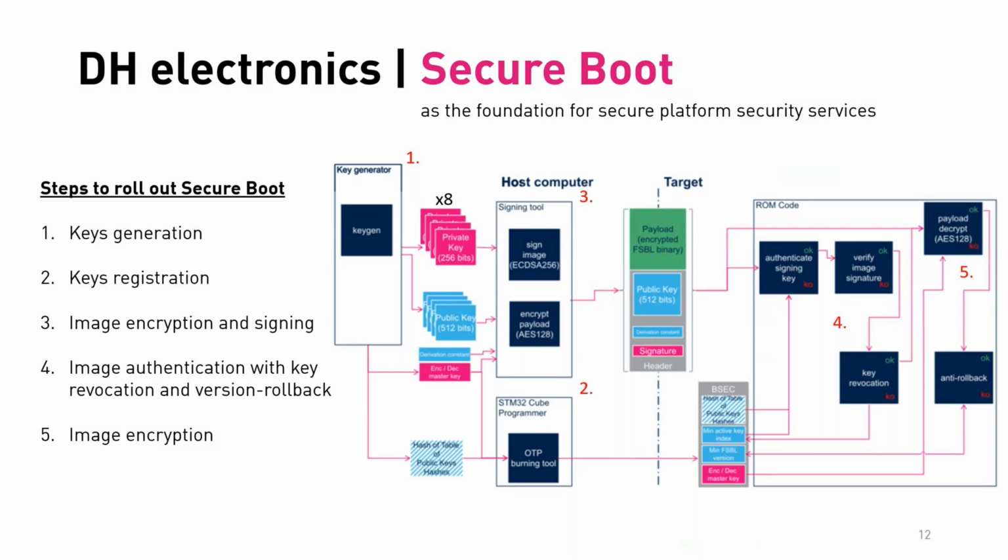But I think the overview is a bit complex. It consists mainly of the key generation, which is done with the tools from ST. Then we have to burn the hash table, the hash of the table of the public keys, into the one-time programmables to fix it to this set of keys.